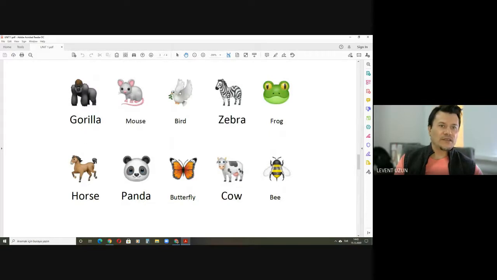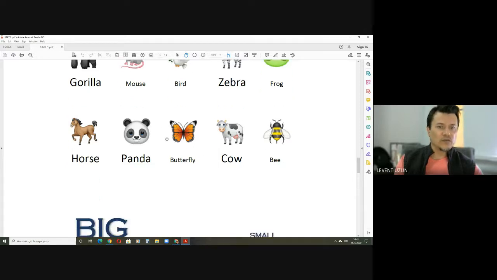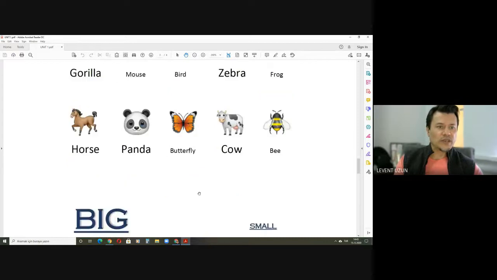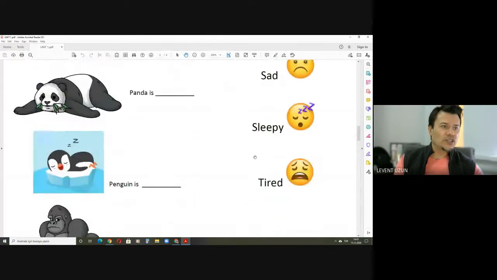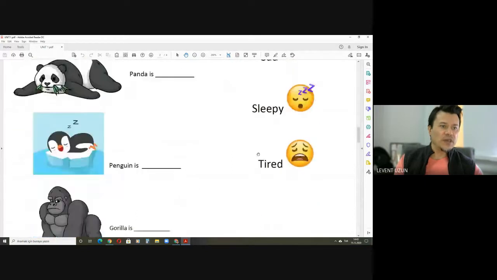Those bigger are written with bigger letters, and those smaller are written with smaller letters, which is good. Actually, you could write all of them with capital letters as well, and these with smaller letters, and it will be again clear. So this part is clear. You teach small and big here. You teach tired, sleepy, sad, angry, happy here.